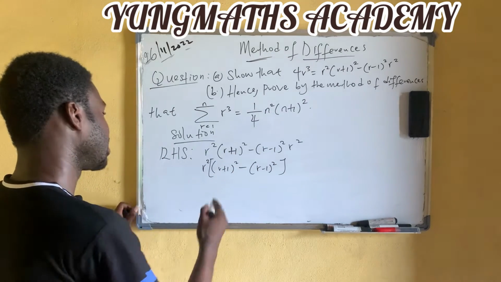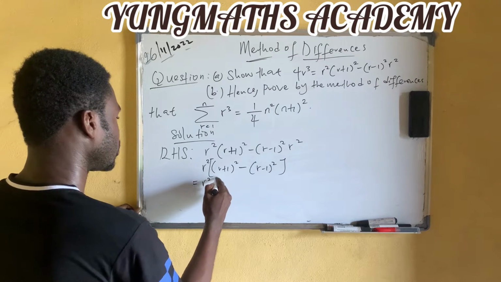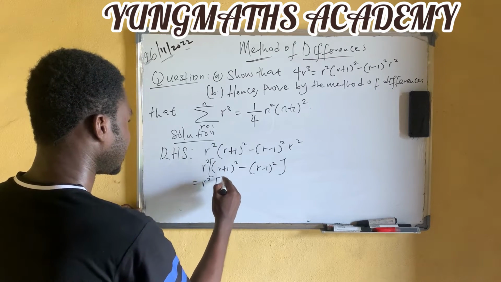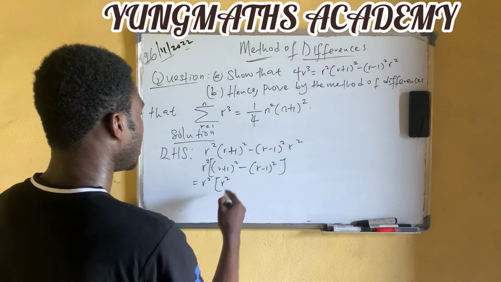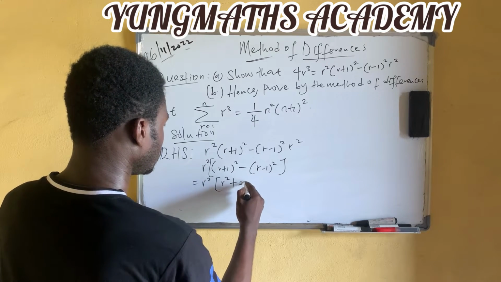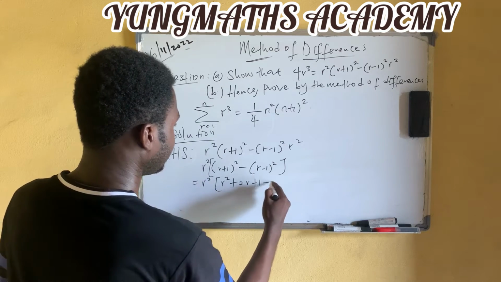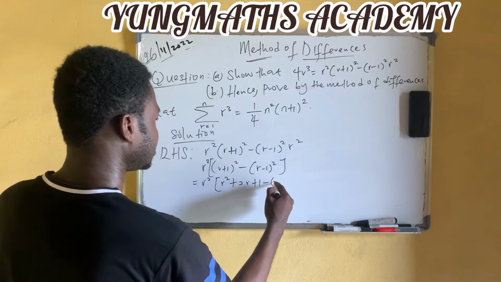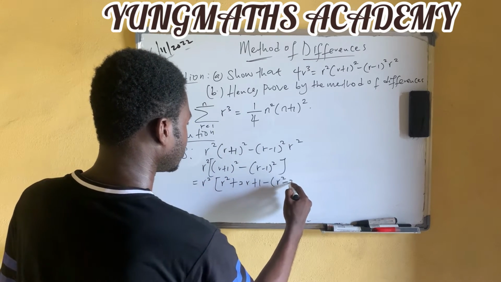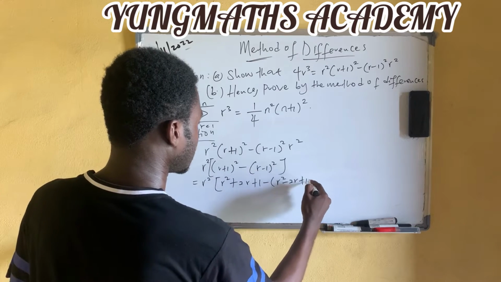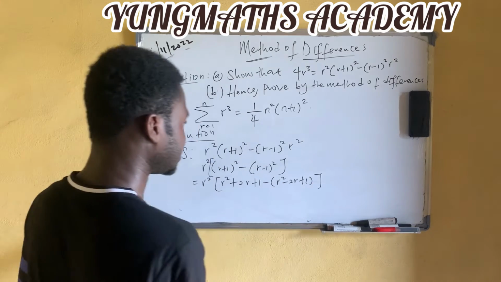When I expand this, I have r squared plus 2r plus 1 minus, open a bracket, r squared minus 2r plus 1. I'll close it this way.